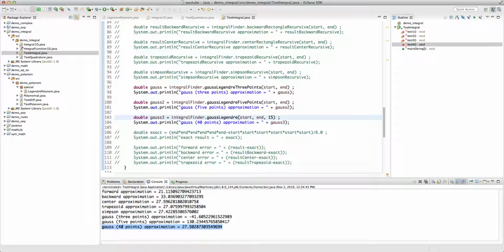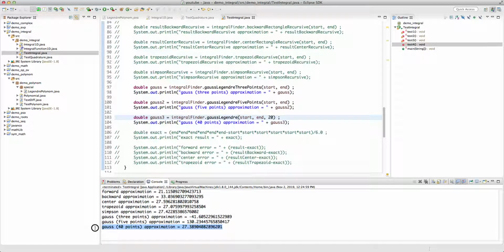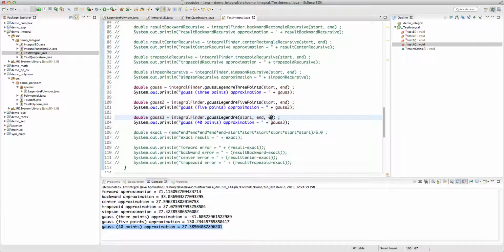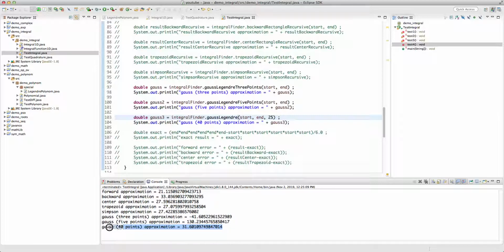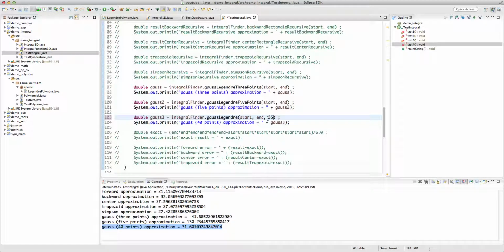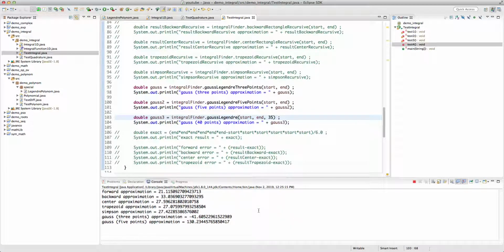It's getting better. 15 points is getting pretty close, 27.5028. Simpson is 4228. Let's go 20 points. 27.389. We're getting closer. 25. No, it's getting worse. 35. Now it's taking a lot of time.